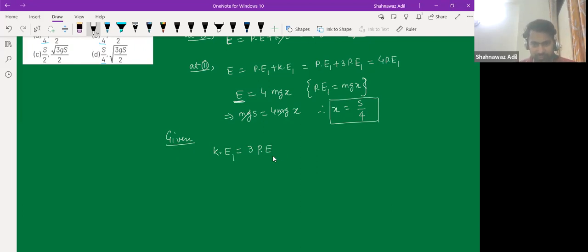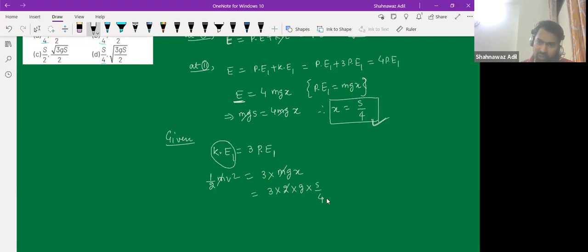So at that point, kinetic energy would be half mv square. Clear? And potential energy is mgx. M cancels. x we have just calculated, right? So this would be 3 into g, and x is s by 4.